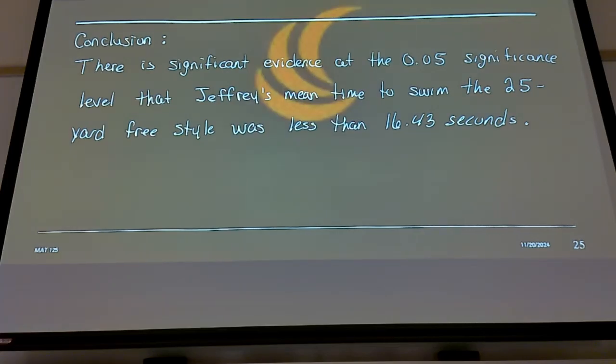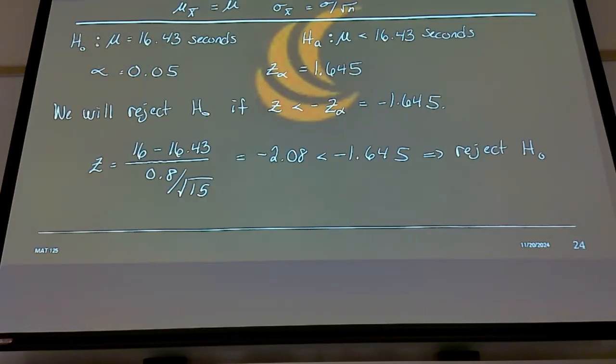For the p-value method, I'm not going to redo the whole thing. You don't need Z of alpha anymore. You'd still need these, right? H naught, HA, and alpha.